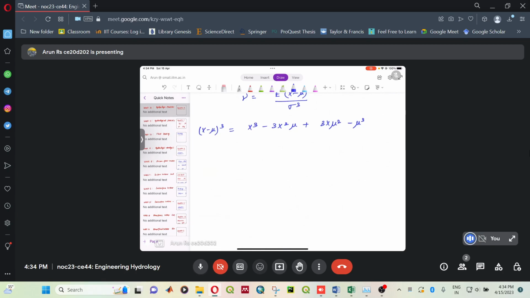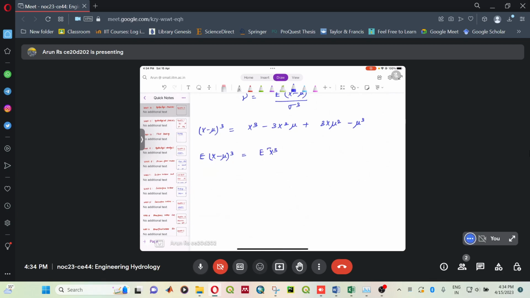Now we'll be applying the expectation of x minus mu the whole cube. So we'll be applying expectation for each and every term in this equation.